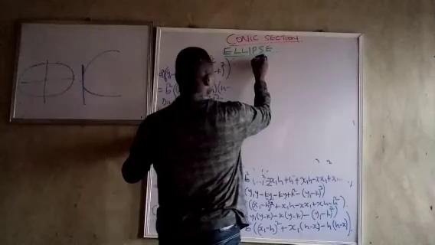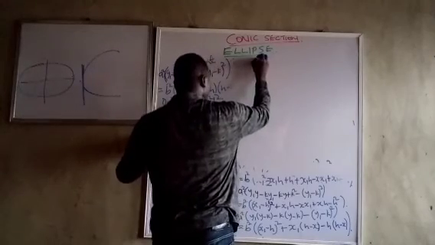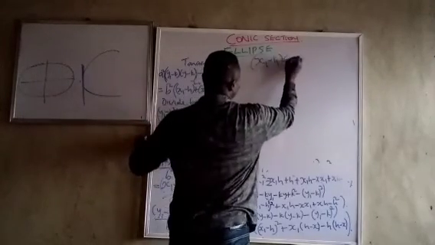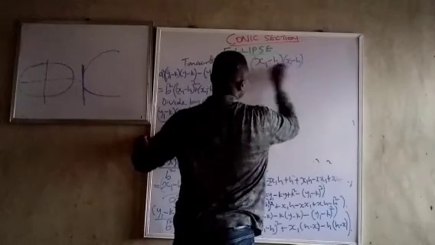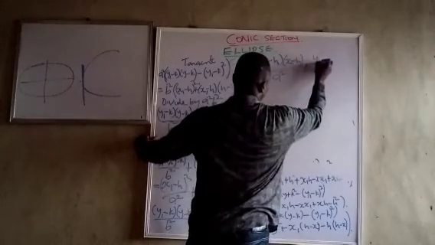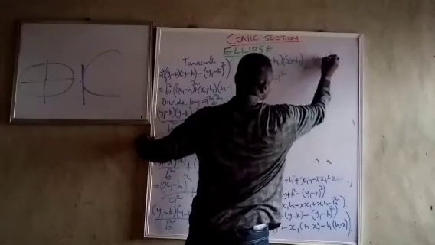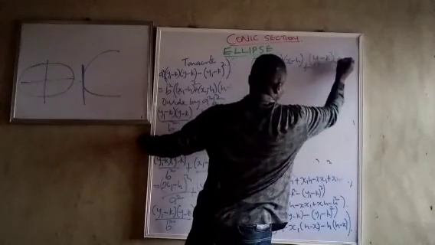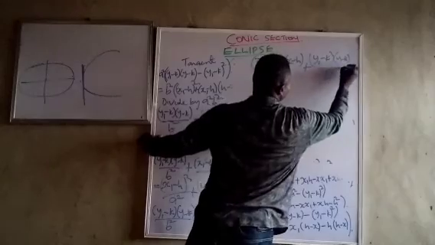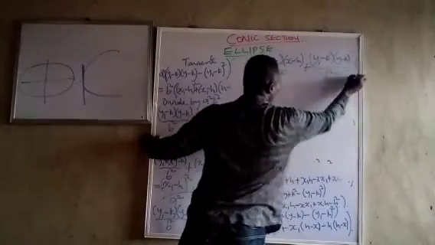So we have the equation of the tangents will be x1 minus h into x minus h over a squared plus y1 minus k into y minus k over b squared is equal to 1.